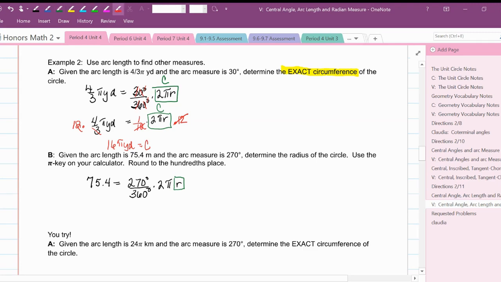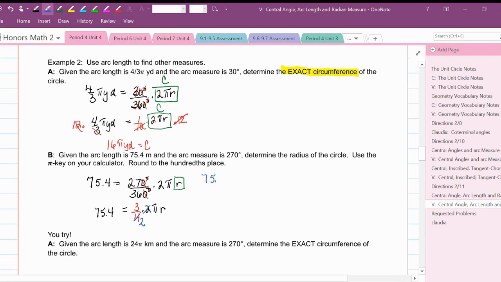Again, it might be a good idea, especially if we're doing this without a calculator, to simplify this ratio. Let's see, 9 goes into 27 3 times, 9 goes into 36 4 times. Could do a little bit more simplifying, again, if we have to do this without a calculator.